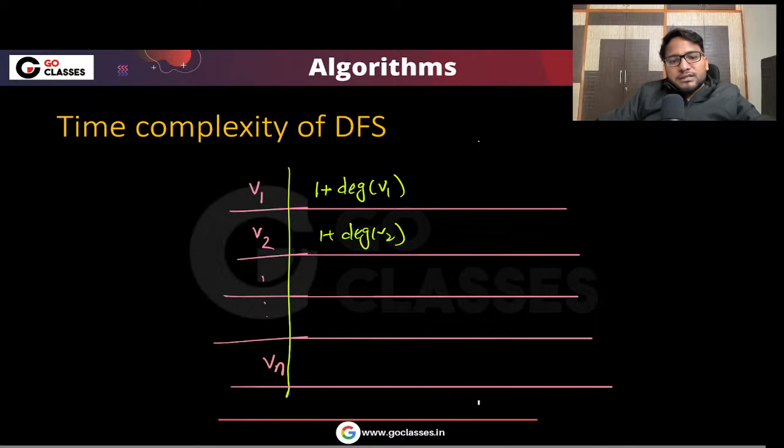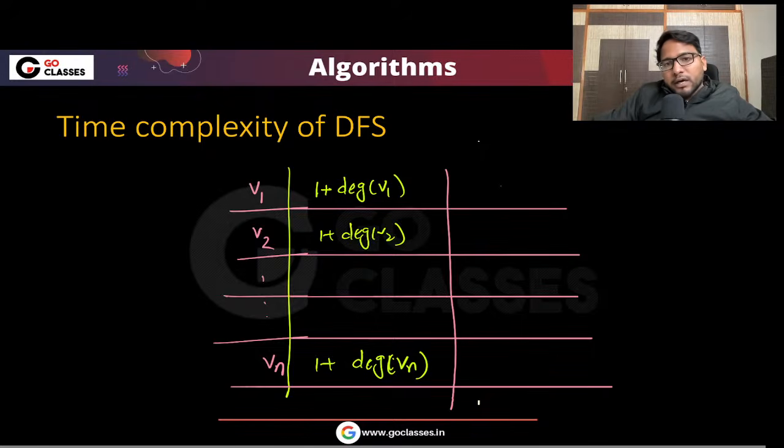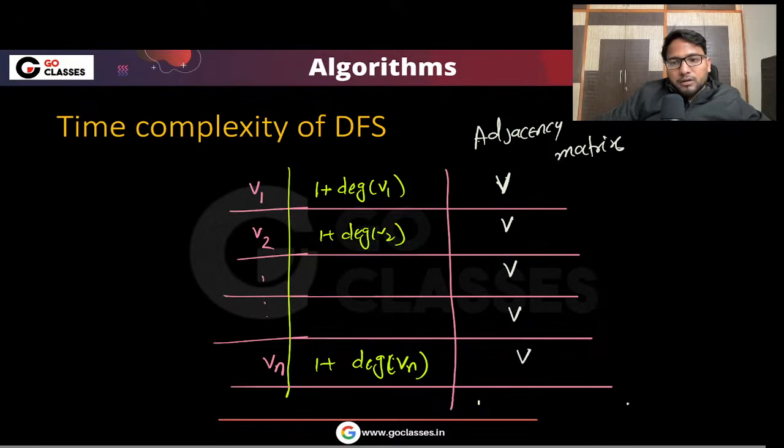If there is an adjacency matrix, then in how much time will you be finding the neighbors? It will be V time. Here also V time, here also V time, for all the vertices. So if there are total V vertices, then in case of adjacency matrix, the time complexity is V square.